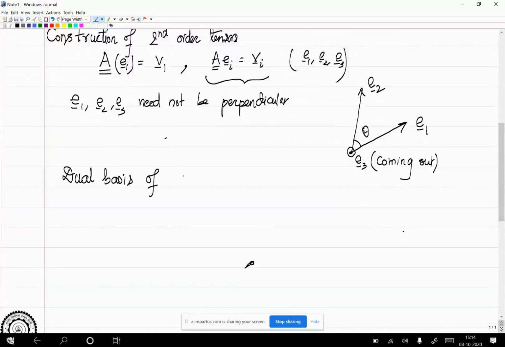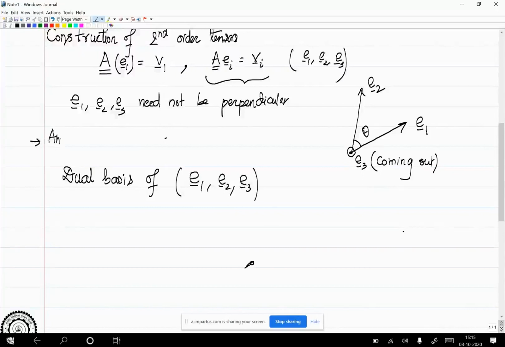Any set of three linearly independent vectors can be the basis for R3. It does not have to be that i, j, k. It can be any set of three linearly independent vectors. So E1, E2, E3, for example, are any set of three linearly independent vectors, which can be a basis.